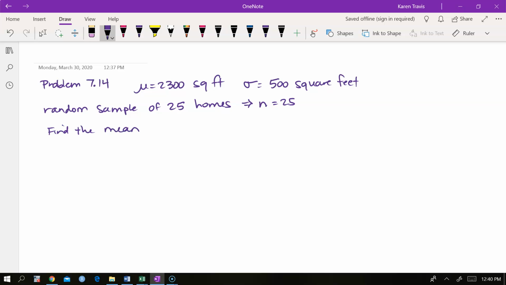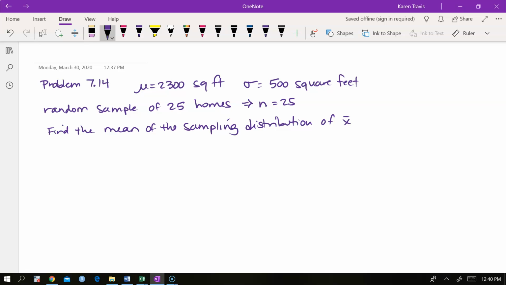I'll do the mean first. The mean and standard deviation of the sampling distribution of X bar. So remember what the sampling distribution is.